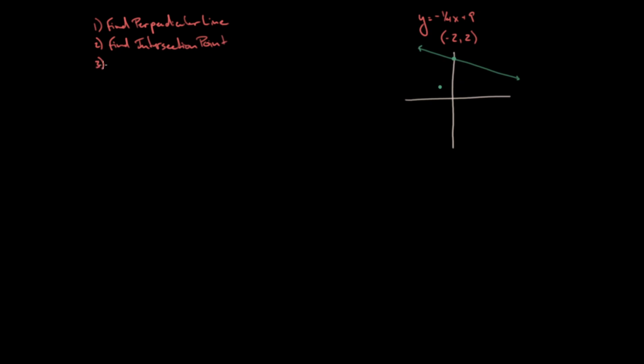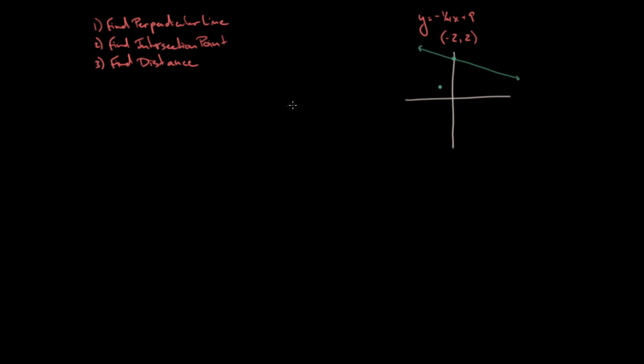And then the last thing I will do is find that distance using the distance formula. So those are the 3 big steps, and we're just going to knock them out one by one. Let's start with finding the equation of this line.